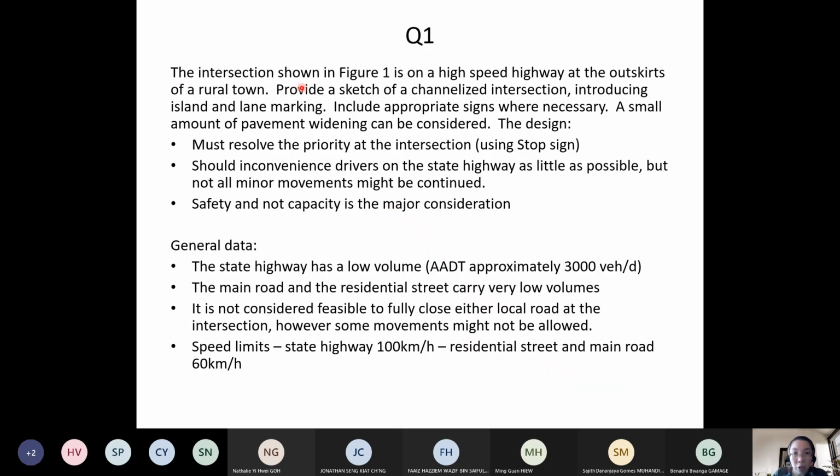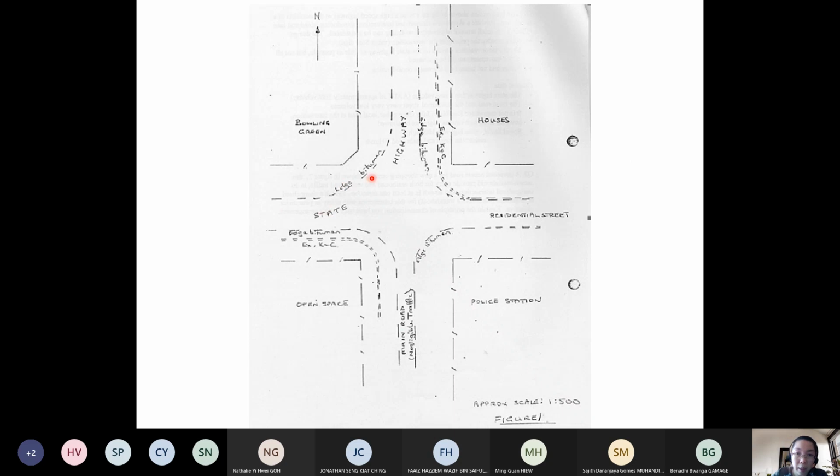Okay, so the intersection shown is on a high-speed highway, and we can see the speed on this state highway is 100 km/h. And at this part, the intersection is on a curve.